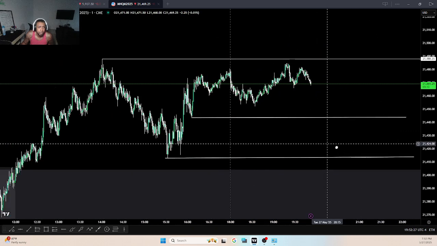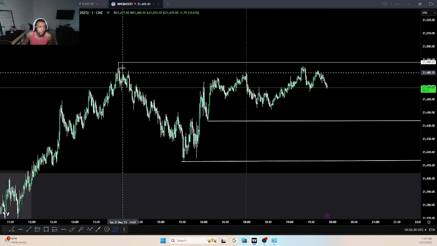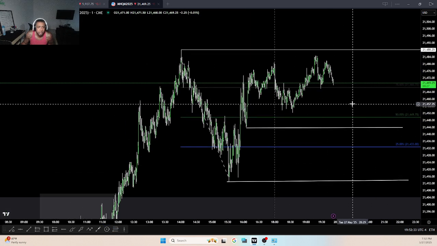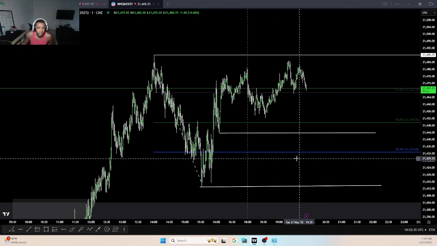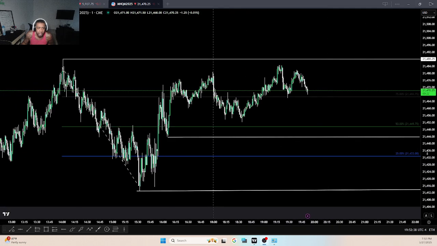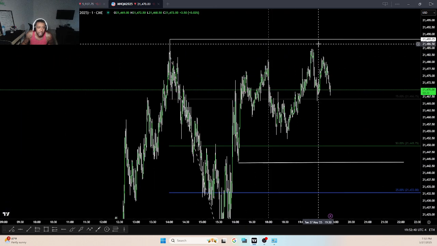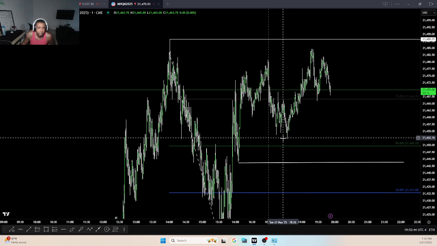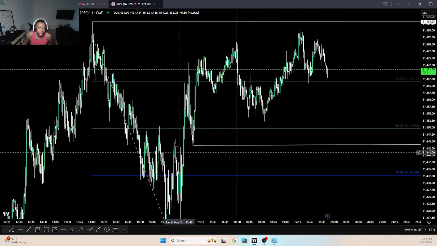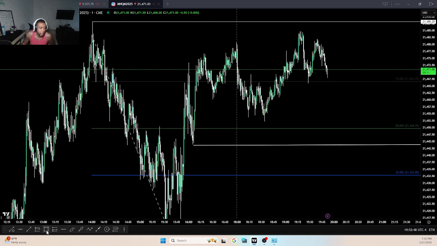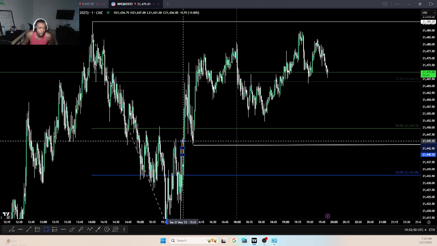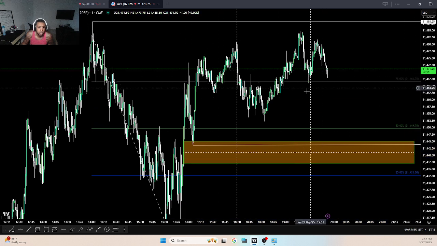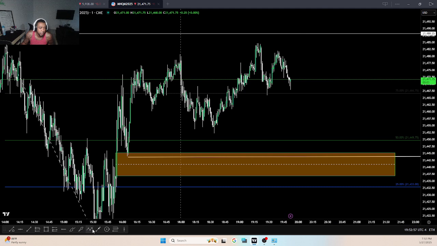If you draw a fib from here to here, all of this is premium, all of this is discount. So I will be expecting it, since it took out the highs, to come back down, take out maybe these lows or these lows, and you see how right here we're in a fair value gap.